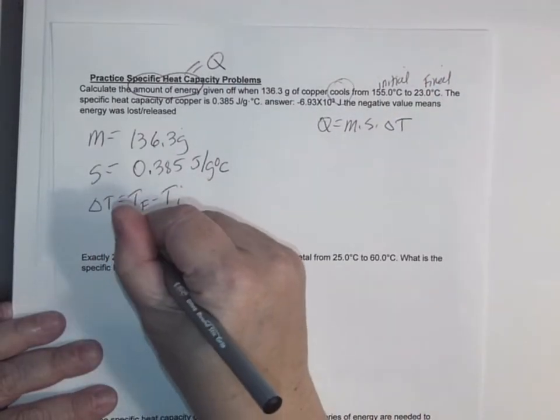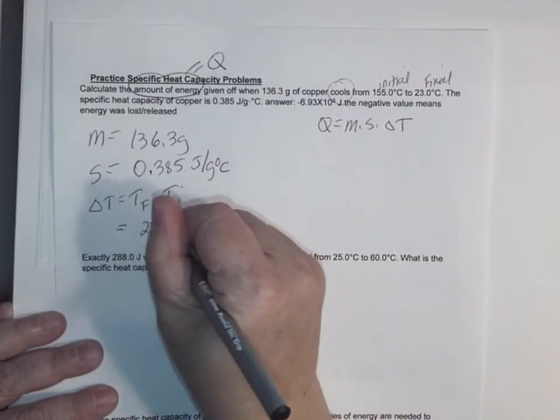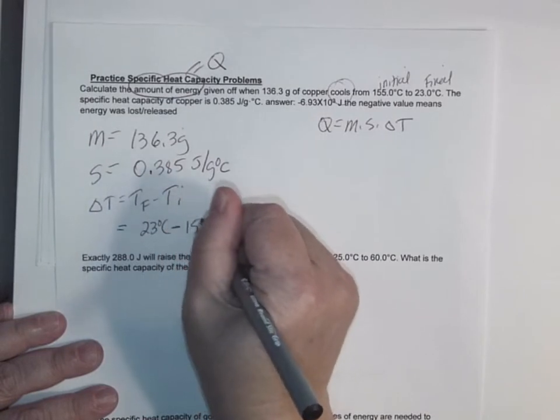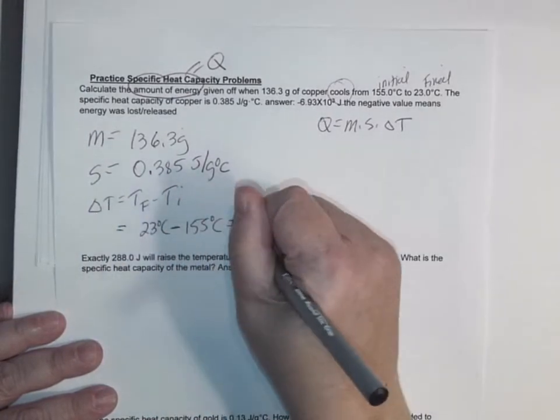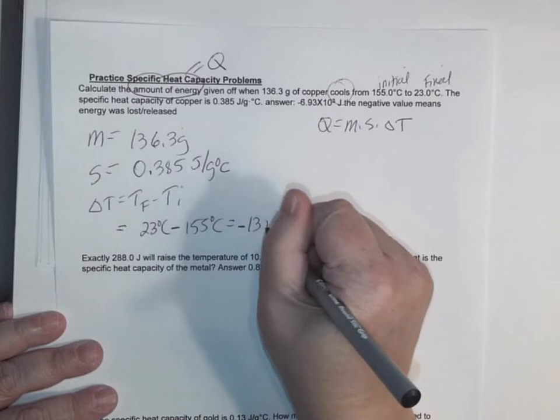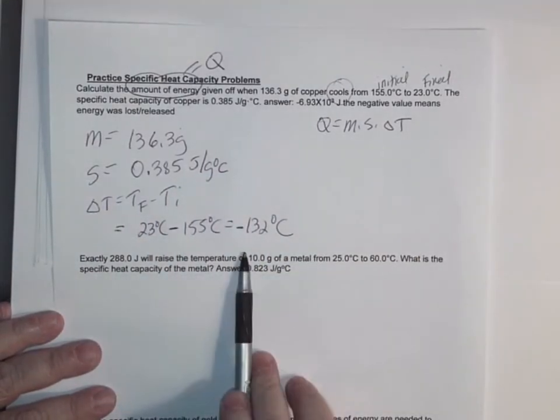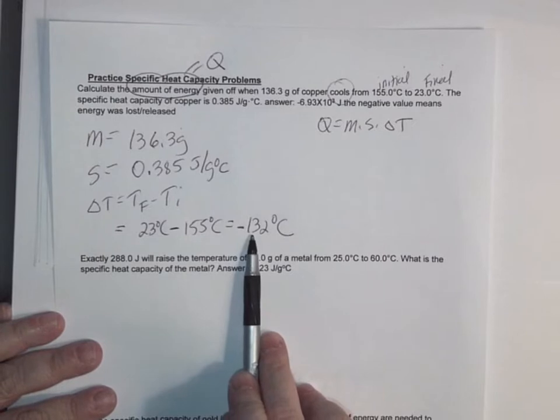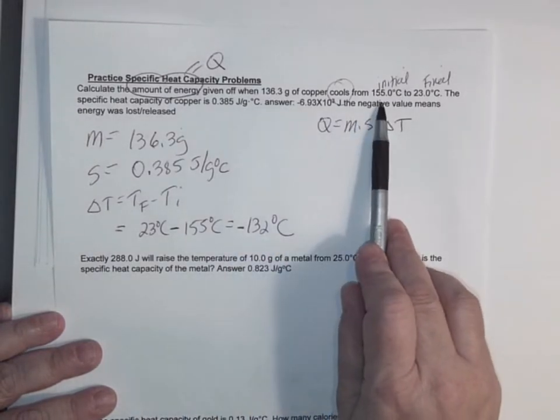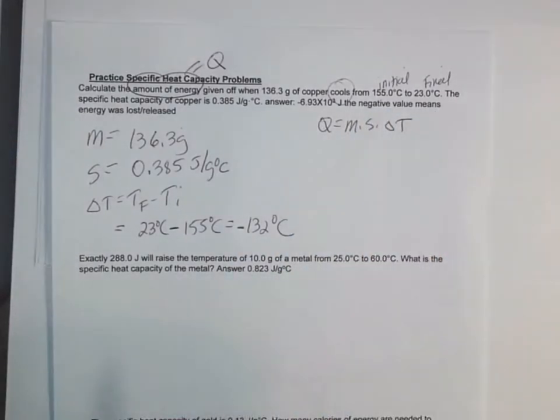So I'm going to write down what it looks like. Here is my final minus my initial, and I get a negative 132 degrees Celsius. It's a negative because the temperature decreased from 155 to 23. It gave off energy. That's what a negative value means.